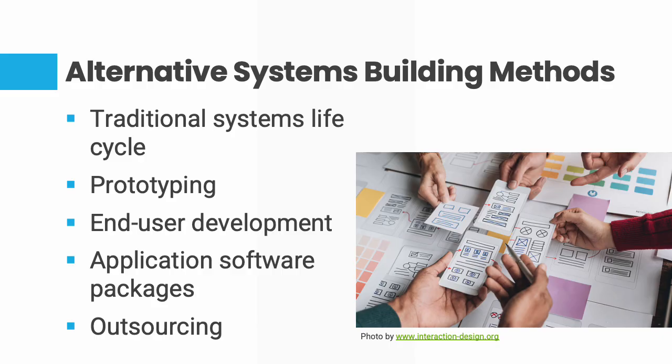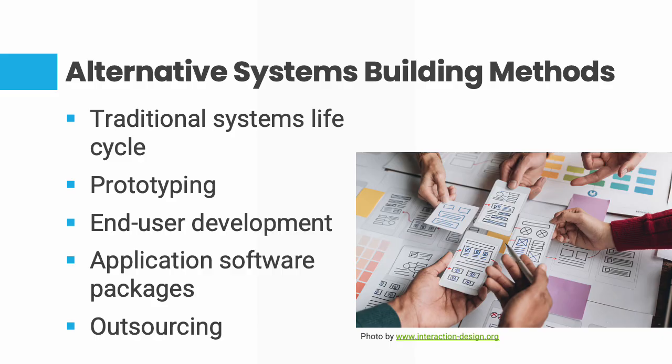There are actually several alternative methods companies can choose from, depending on their needs. Okay? Let's imagine you want to build a house. You don't only have to use the traditional method of hiring an architect and then the builders. You might choose a different way, okay?